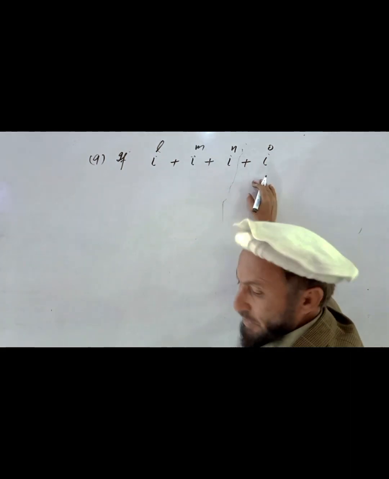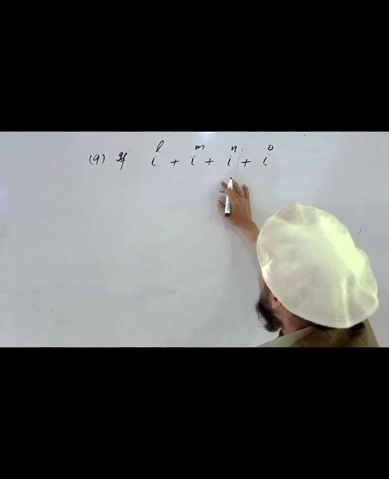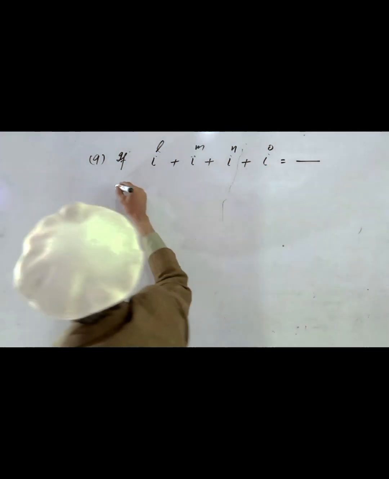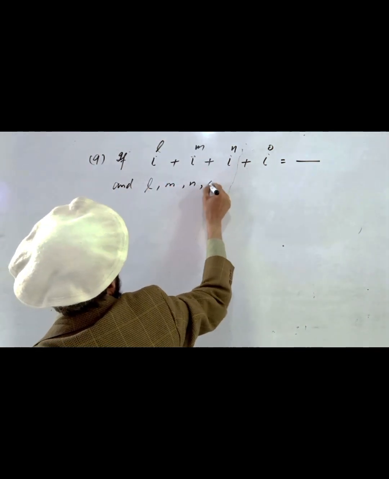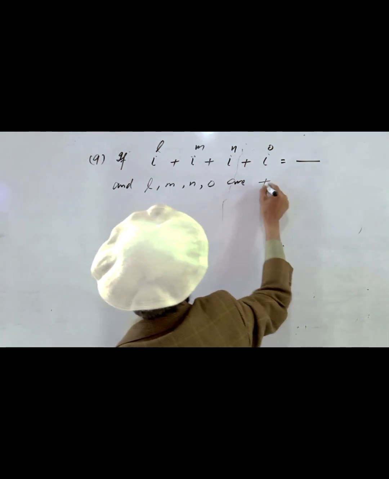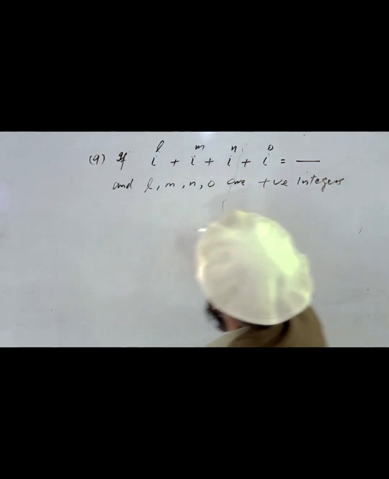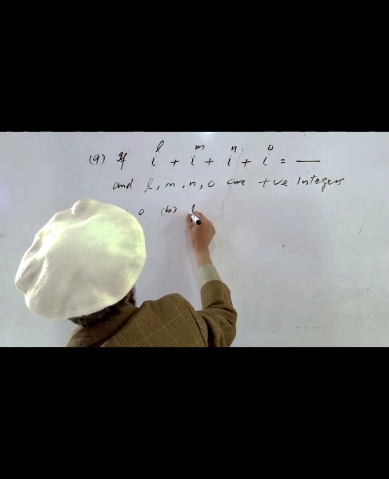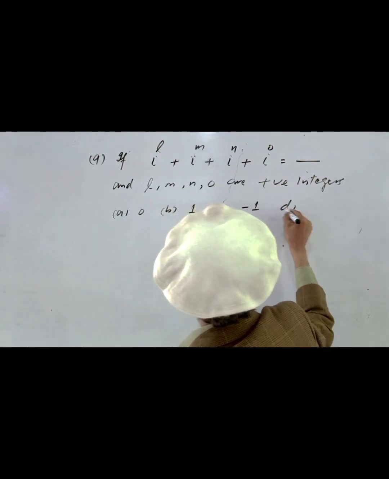Here L, M, N and O are consecutive positive integers. So what is the answer? A is equal to 0, B is equal to 1, C is equal to minus 1 and D is equal to iota.